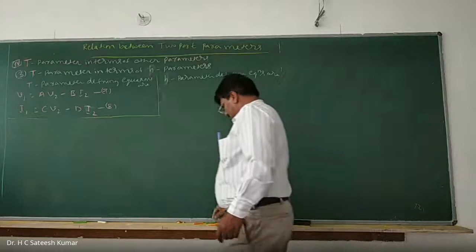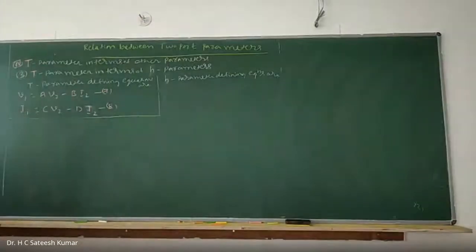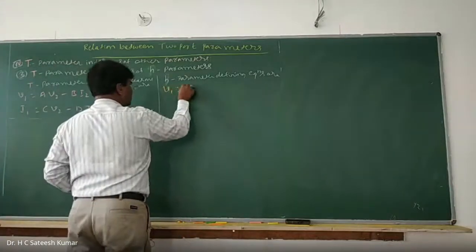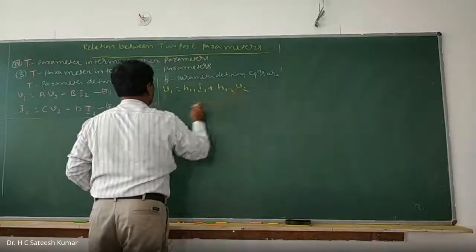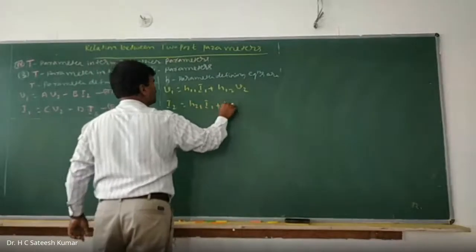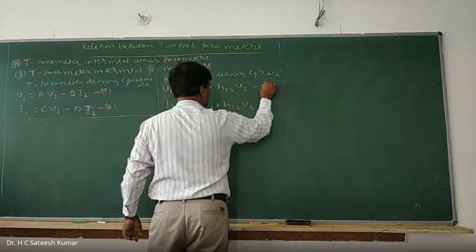H parameter defining equations are V1 is equal to H11 into I1 plus H12 into V2 and I2 is equal to H21 into I1 plus H22 into V2. We call these equations 5 and 6.